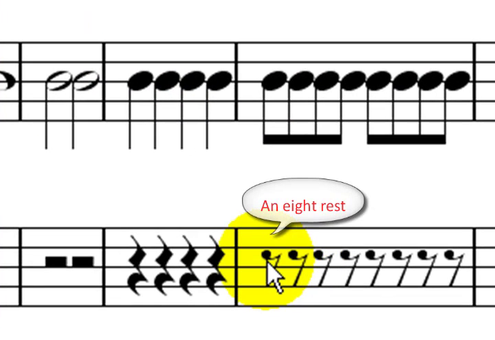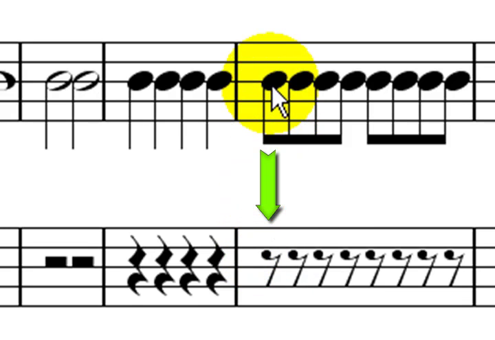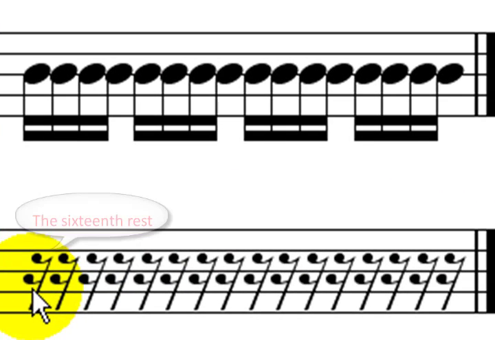This is an eighth rest. It applies to the eighth note. It has the same duration as the eighth note. This is the 16th rest, and it connects with the 16th note here.